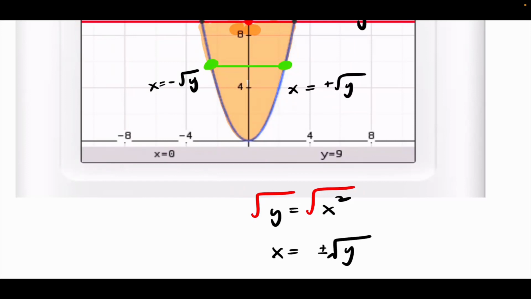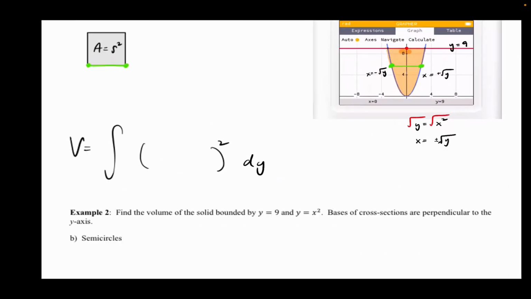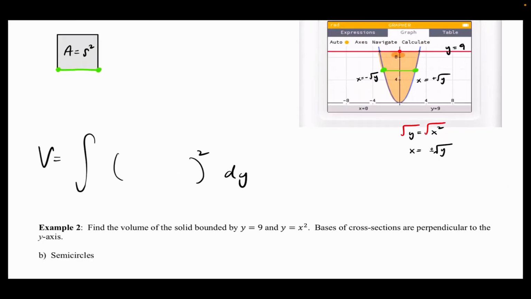So the right green dot represents positive square root y. So this guy here is positive square root y minus the other side, negative square root y, which makes a plus plus, right?